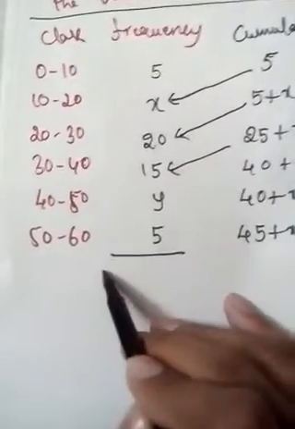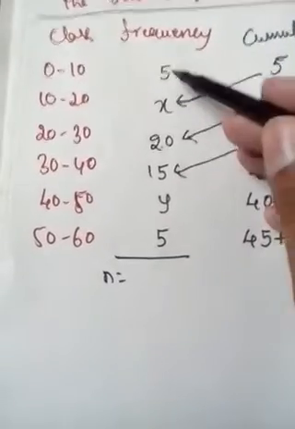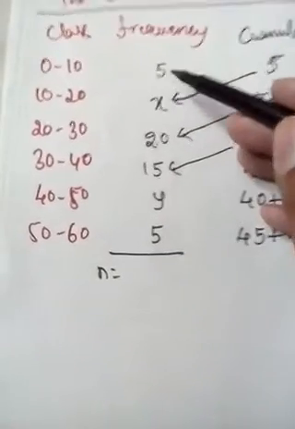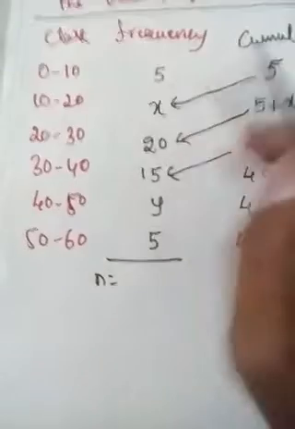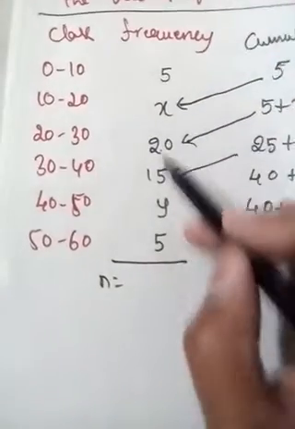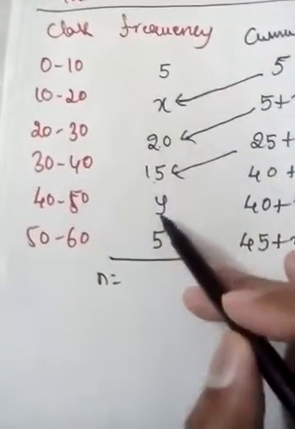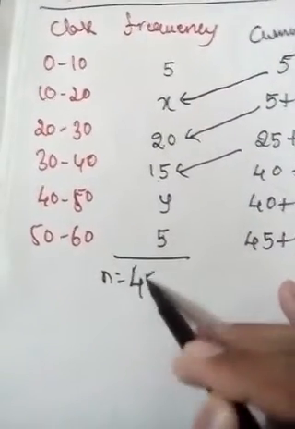Next, what is the n value? First we add all the numbers, keeping x and y aside. 5 plus 20, 25. 25 plus 15, 40. 40 plus 5, 45. So 45 plus x plus y.